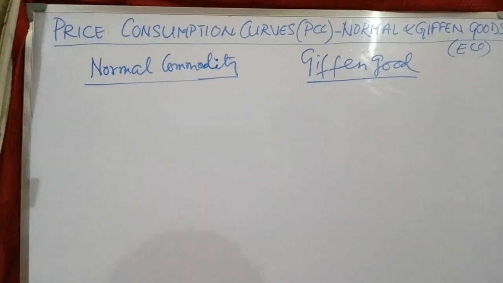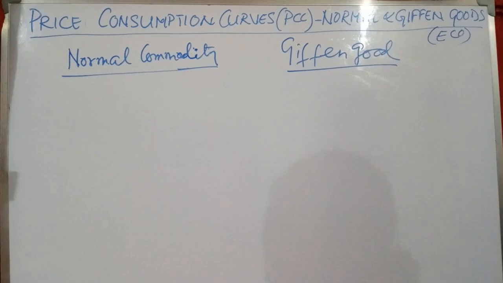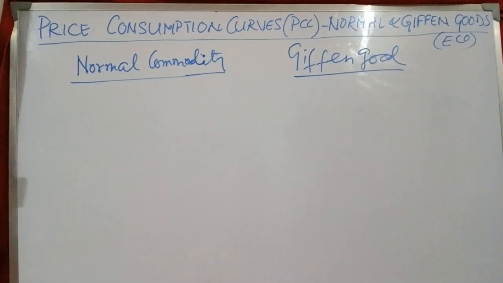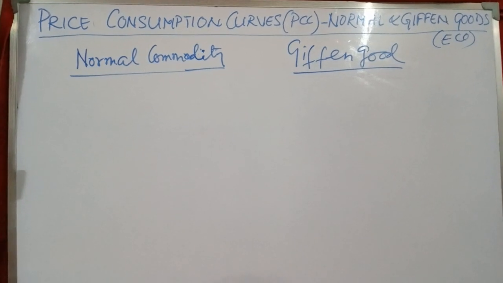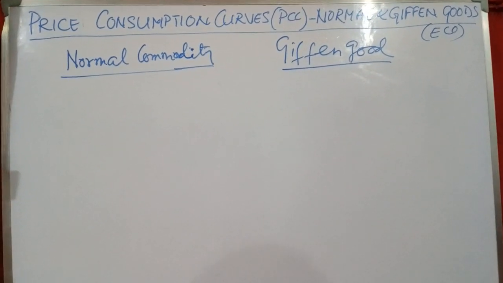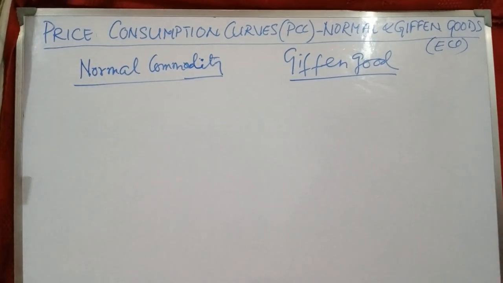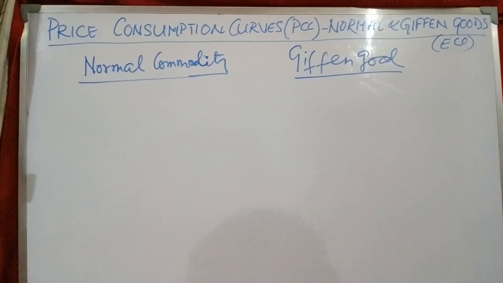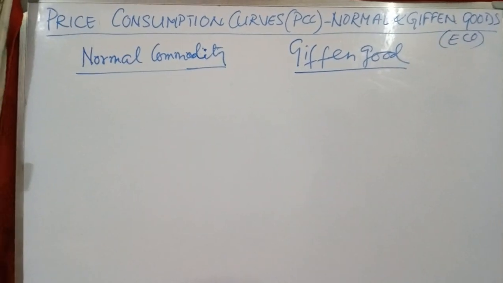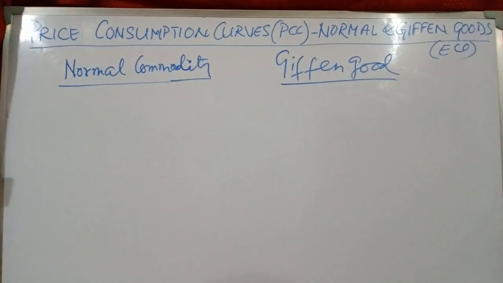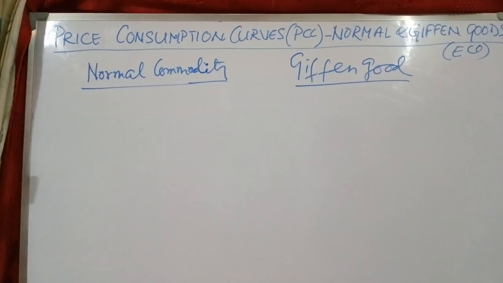Before that, price consumption curve or PCC means the curve that traces the effect of changes in consumption of one commodity with respect to change in price of that commodity. That means when the price of a commodity falls, how the consumer reacts by consuming that commodity.